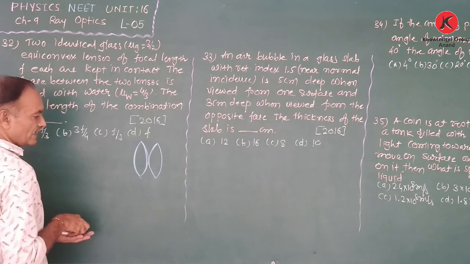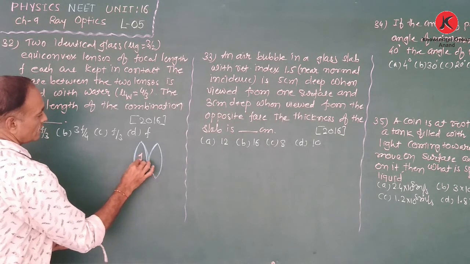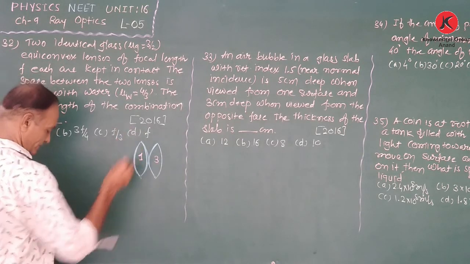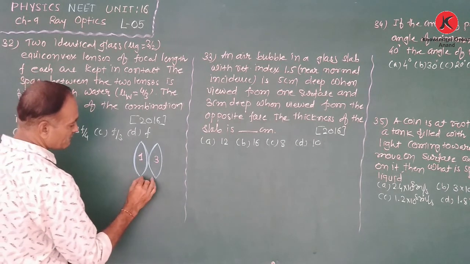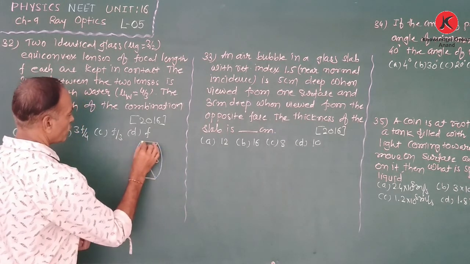There is lens 1, there is lens 3. Now the space between them is filled by water.